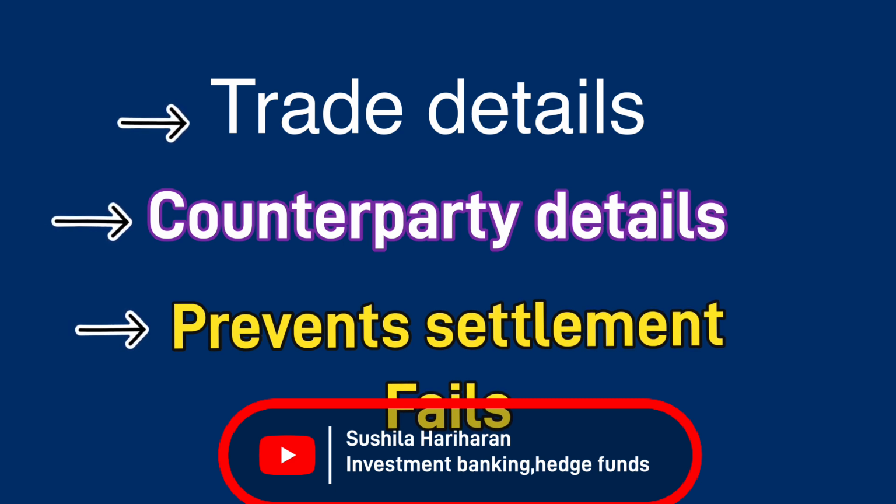Be rest assured, if trade matching is not completed or trade confirmation is not received, it is an indicator that the settlement could go into failure, because both these stages have deadlines attached to them. The markets are dealing with trillions of dollars worth of assets every day, and there is an important time element attached to it. If the time element is not met, then there could be a settlement failure.